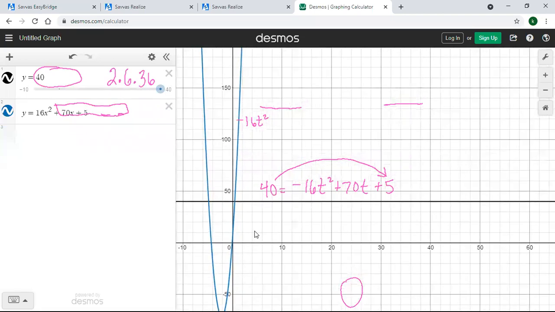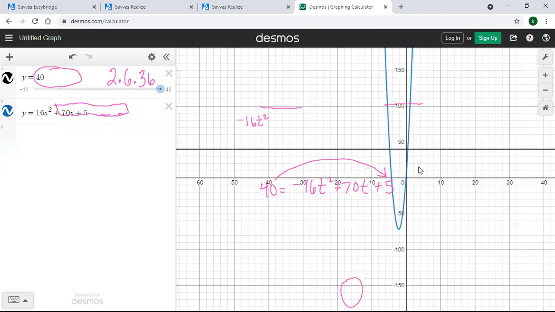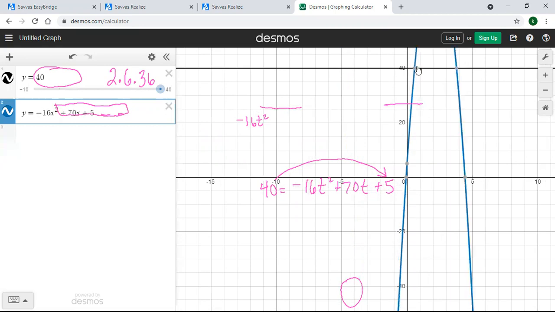So that's one other method for solving that problem. So where is that equal to 40 right there? At 0.453. Now we might not be allowed to enter it like that. If I typed my equations in, the 40, oh, I didn't put a negative 16 there. Let's try that and see if that changes something for us.